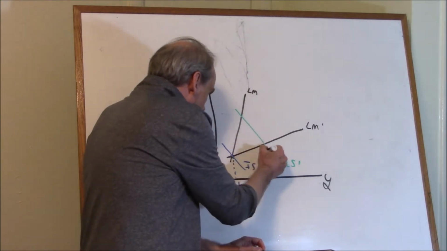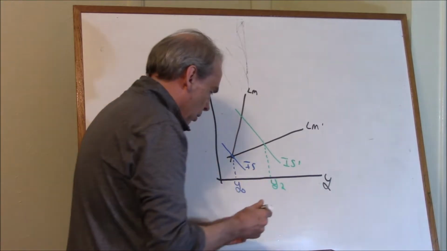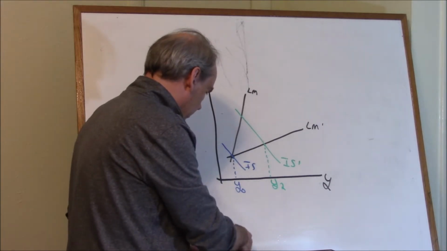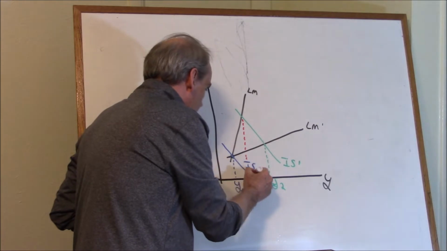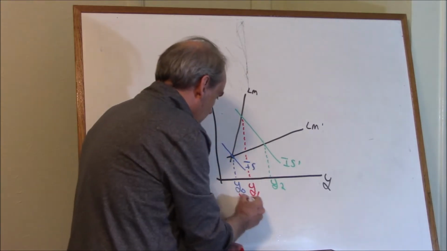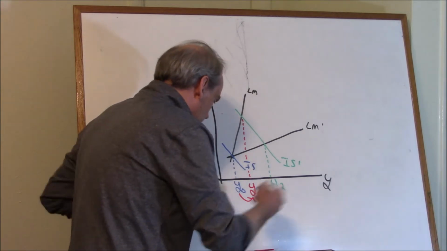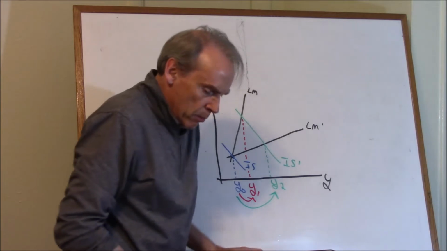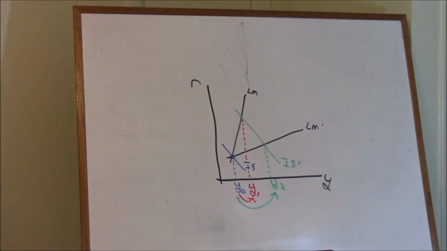I'm going to put 2 there because I'm going to put the 1 in the middle. Notice how much more effective fiscal policy was with a flat LM curve, all right?